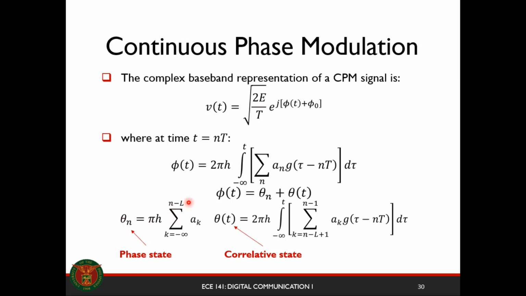We call this the phase state. Theta of t represents all the previous L symbols that are still ramping up in their integral with their corresponding pulses. And we call this the correlative state.